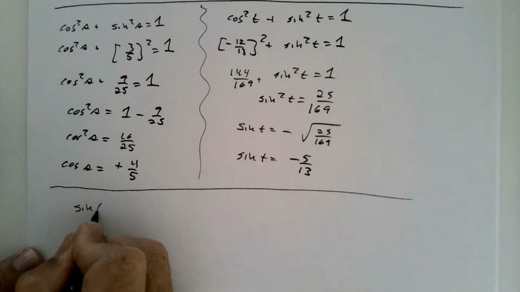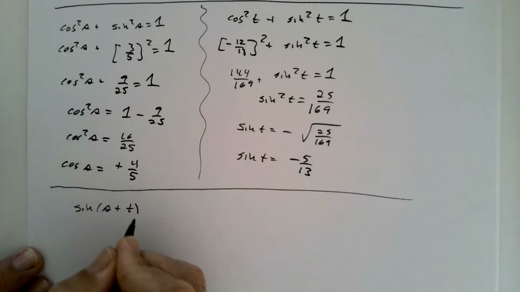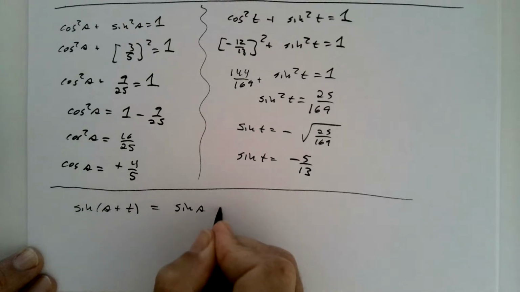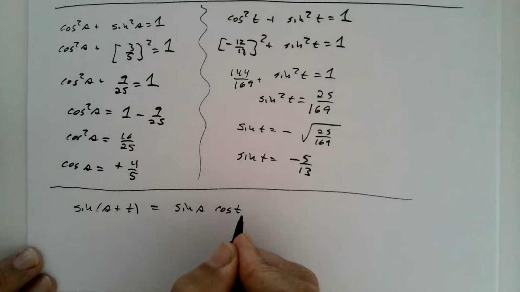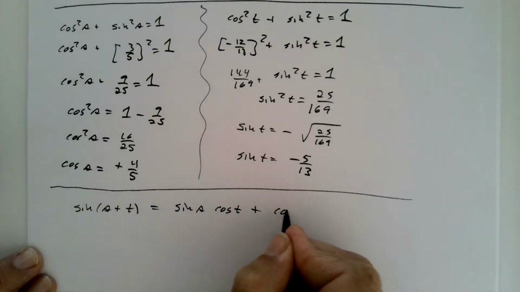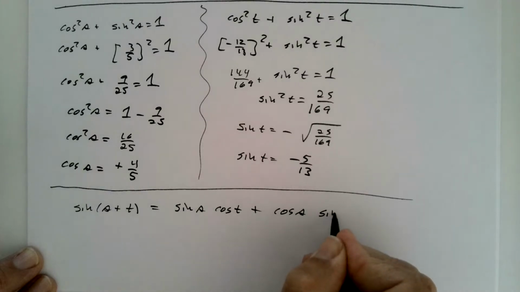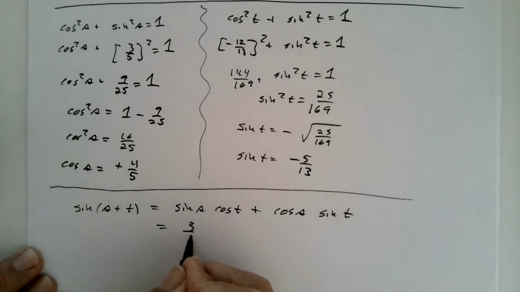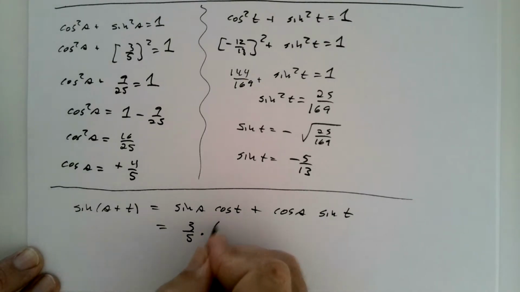Sine of S plus t is sine S cos t plus cos S sine t. Sine S is 3/5. Cos t is negative 12/13.